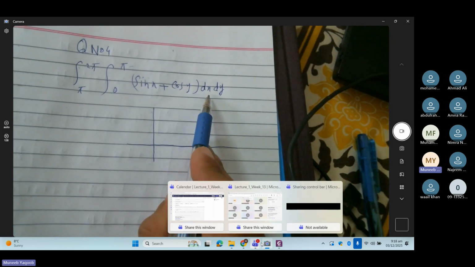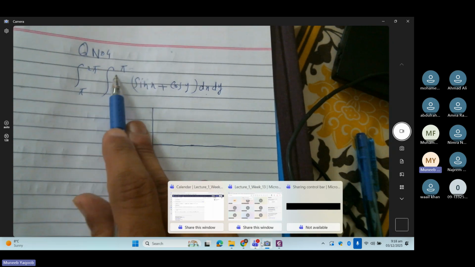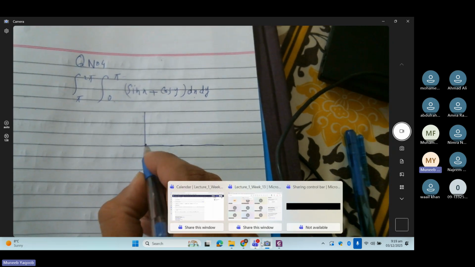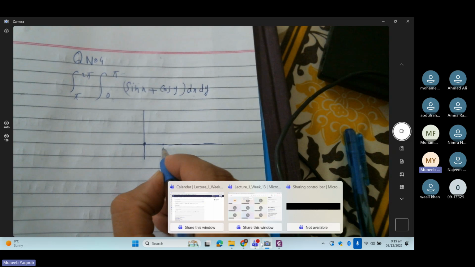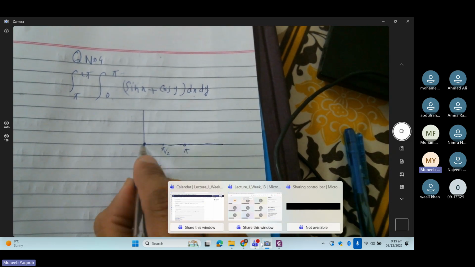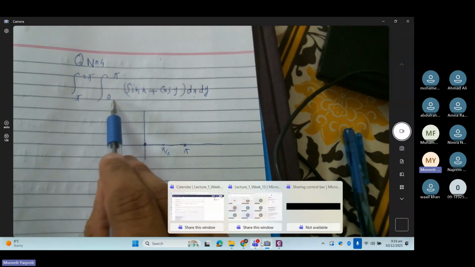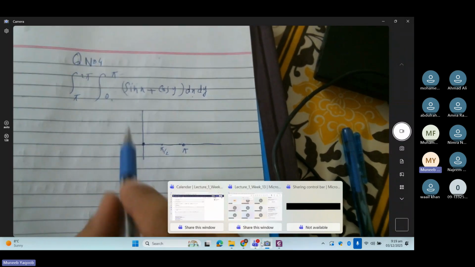You can see that x is varying from 0 to pi. So if this is 0, this is pi by 2, and this is pi. So x is varying from 0 to pi, while y is varying from pi to 2 pi.